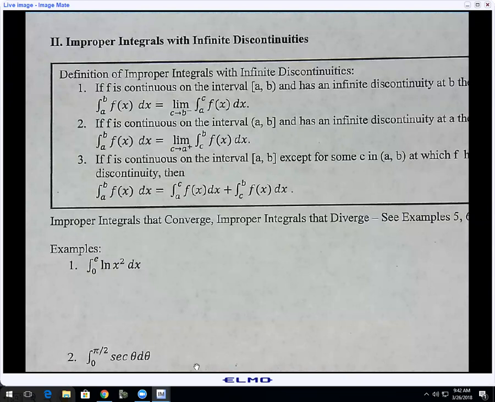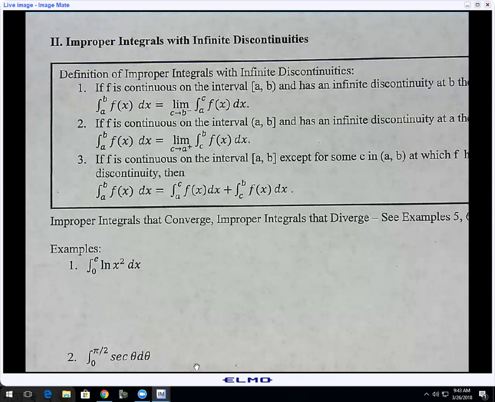We can't integrate to a vertical asymptote at b, but we can integrate from a to some number c as c goes to b from the left.